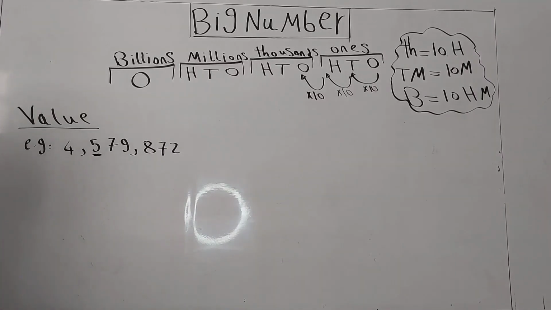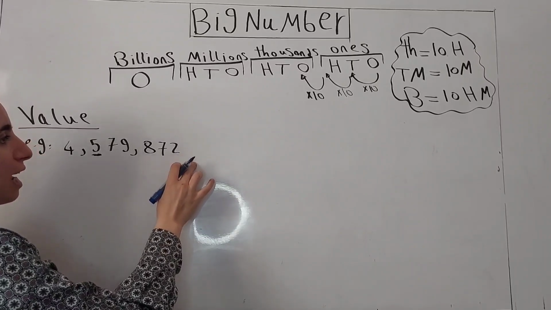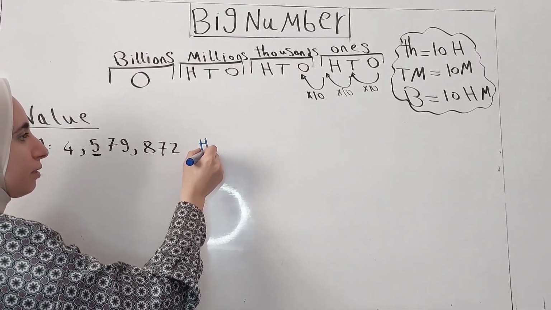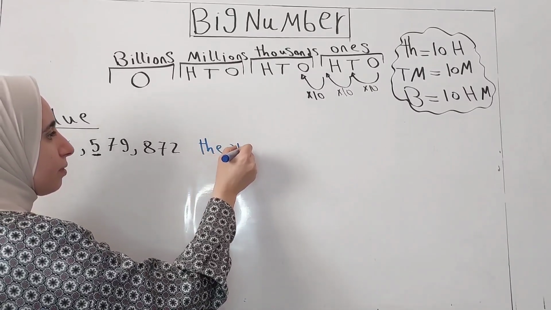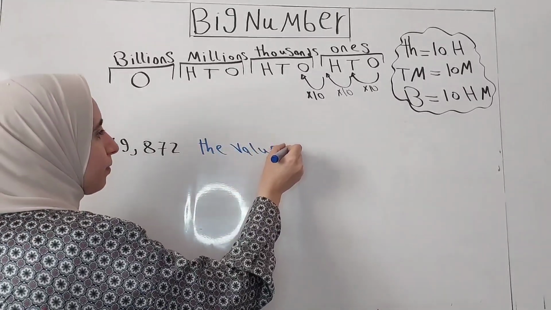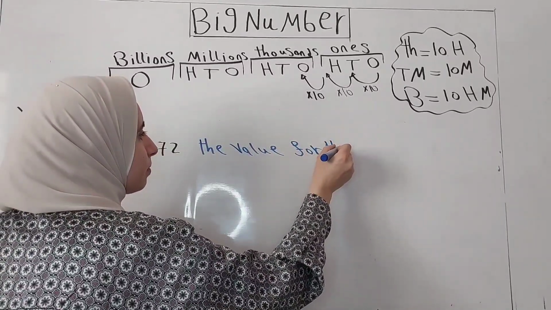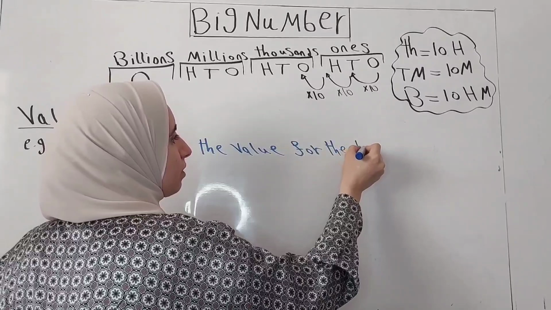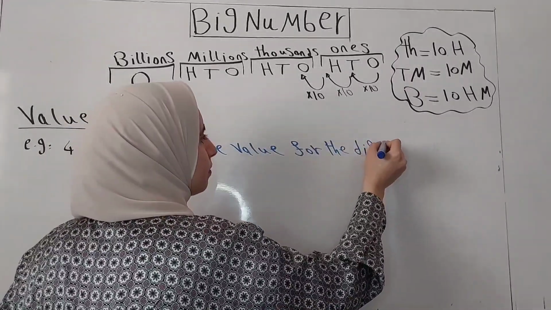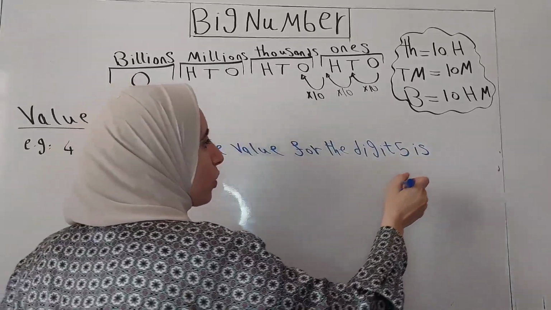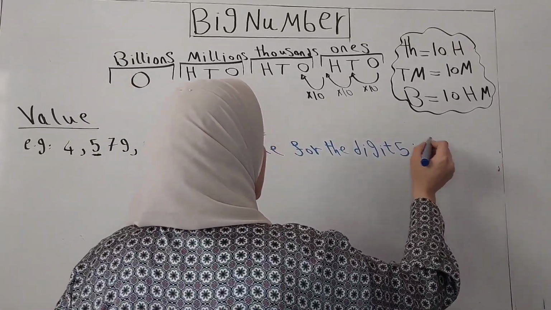The first way, we write the digit 5 as it is.